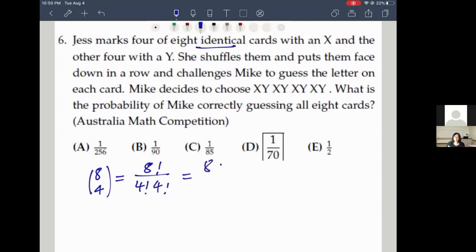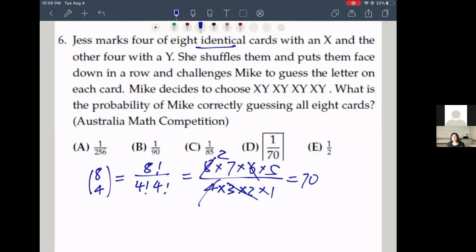That is 8 times 7 times 6 times 5 over 4 times 3 times 2 times 1, which is 70. And Mike chooses a specific arrangement, which is 1 out of the total 70 ways. Thus, the probability is 1 out of 70.